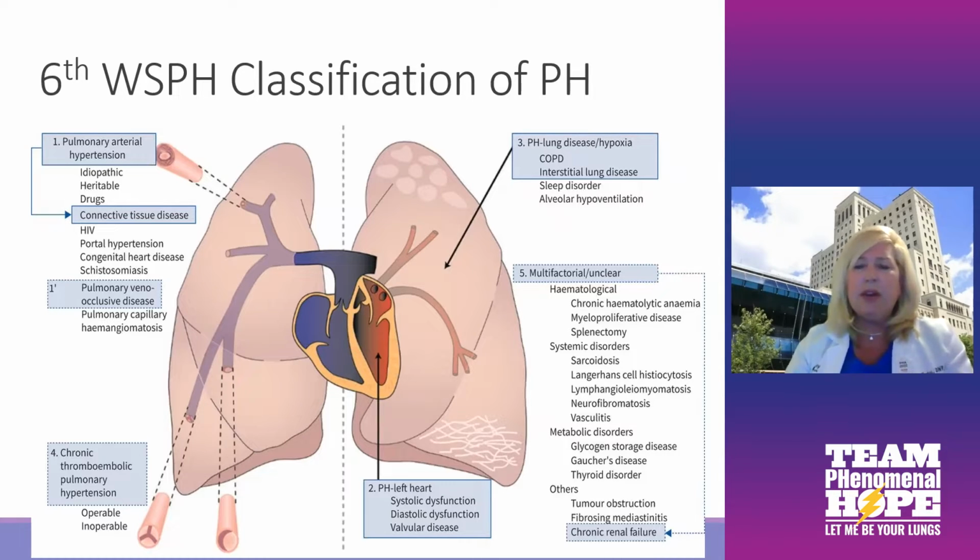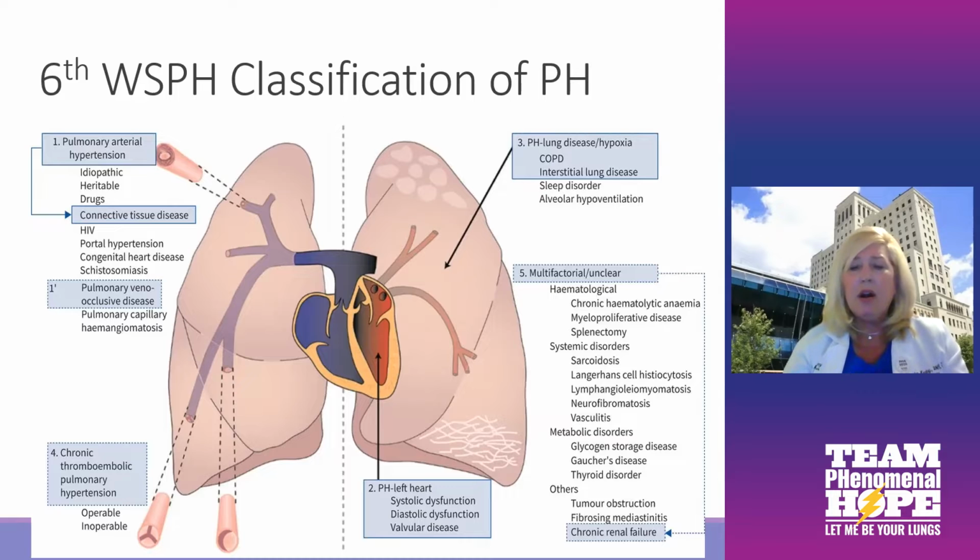Drug-induced pulmonary arterial hypertension from drugs like anorexigens, like fen-phen, you may have heard of that, or weight loss drugs go into this. Methamphetamines, patients that are addicted to methamphetamines oftentimes, unfortunately, develop pulmonary arterial hypertension.